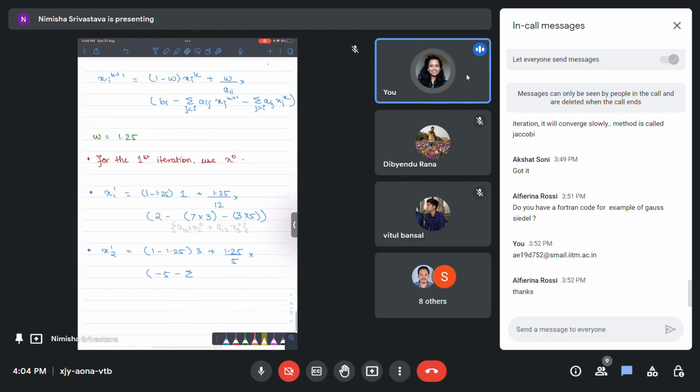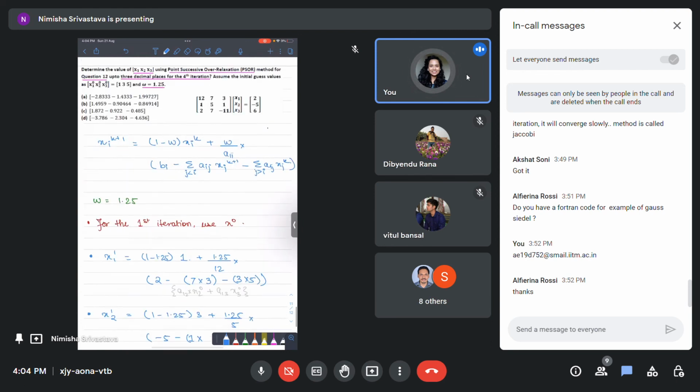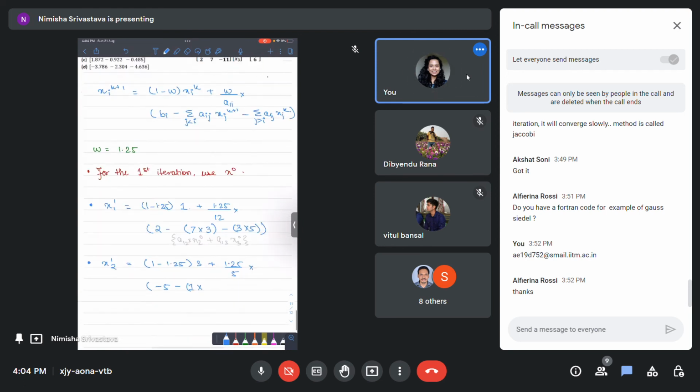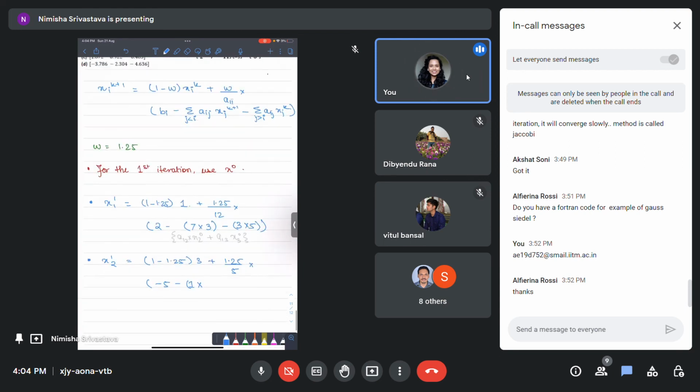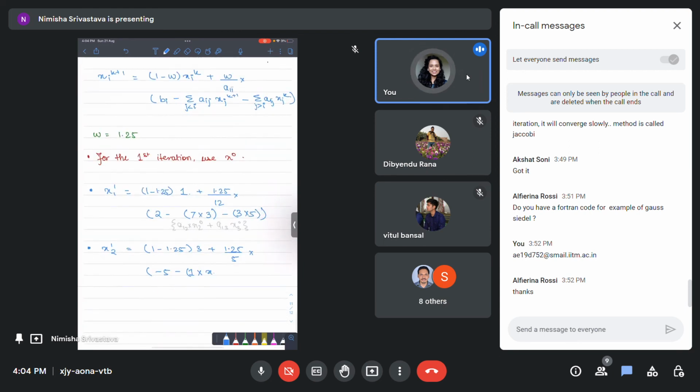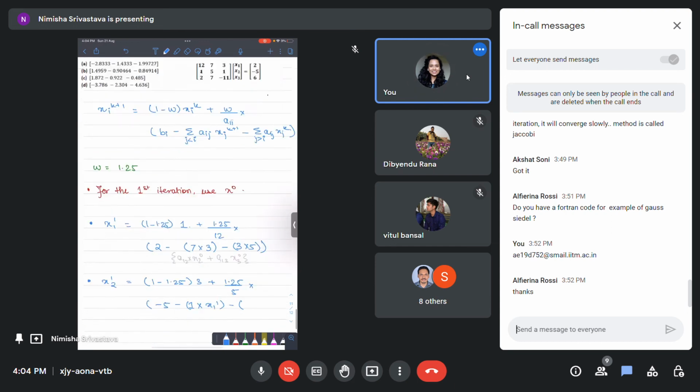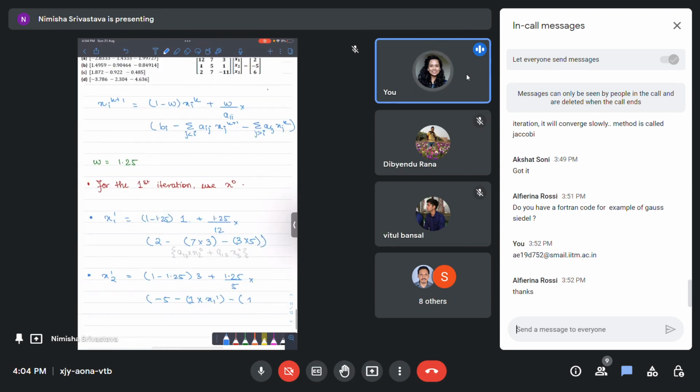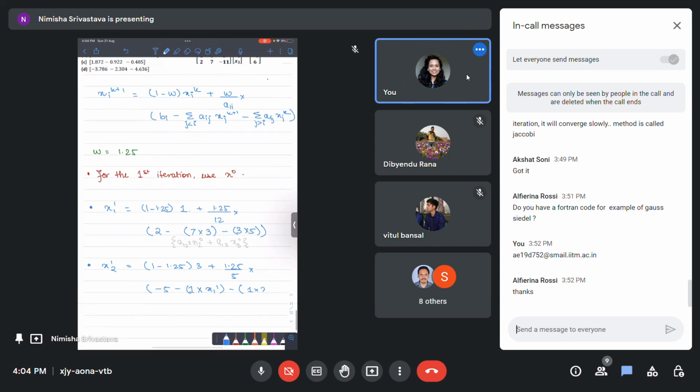I'll say 1 into what I've already computed, x1^1, minus of 1 into x3.